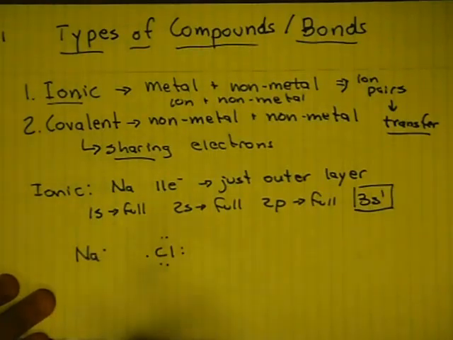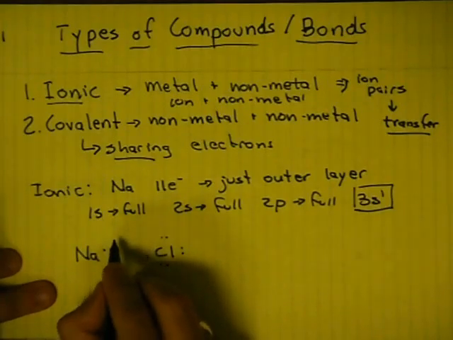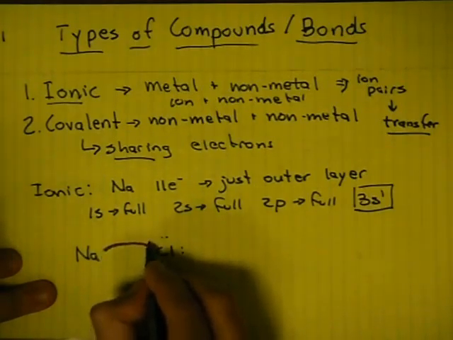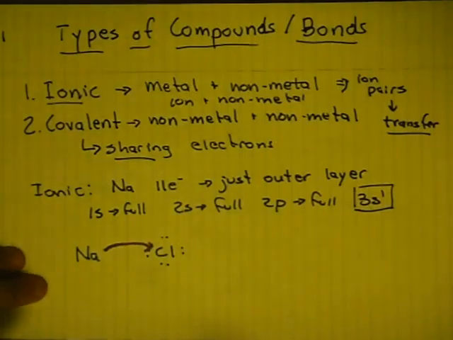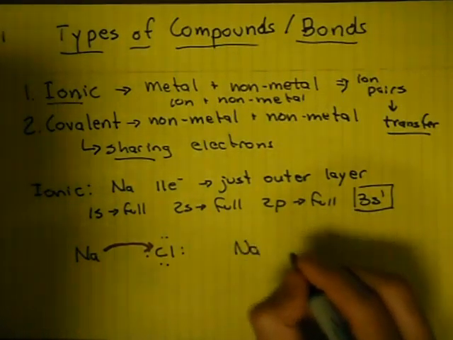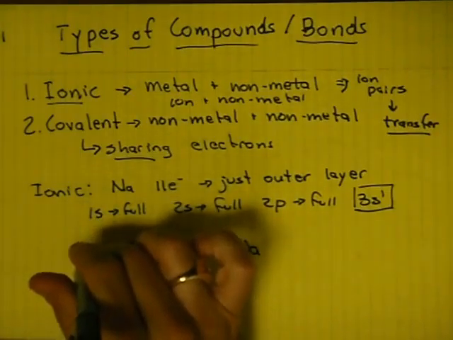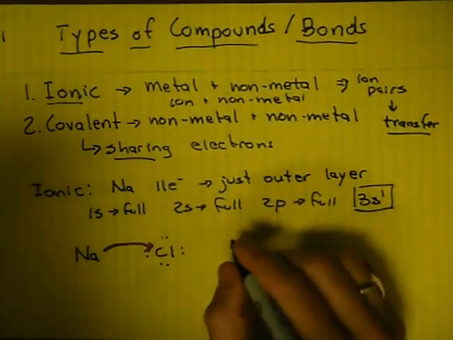So when we put these two together, what happens is that they want to have a full outer shell. And so this electron gets pulled off and put over there. So we now have, what we end up with is Na with that 3s orbital is now empty.